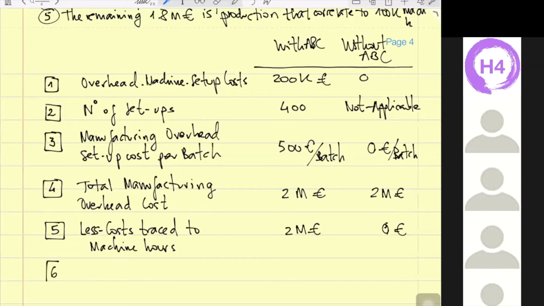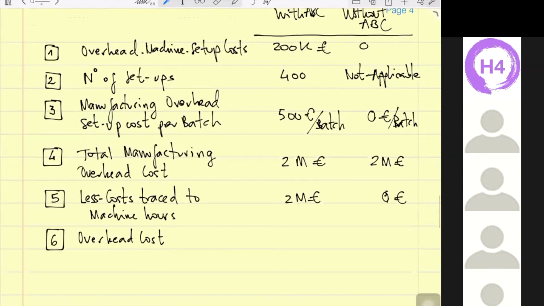Six, overhead cost for machine hours. Here we have 1.8 million euro.